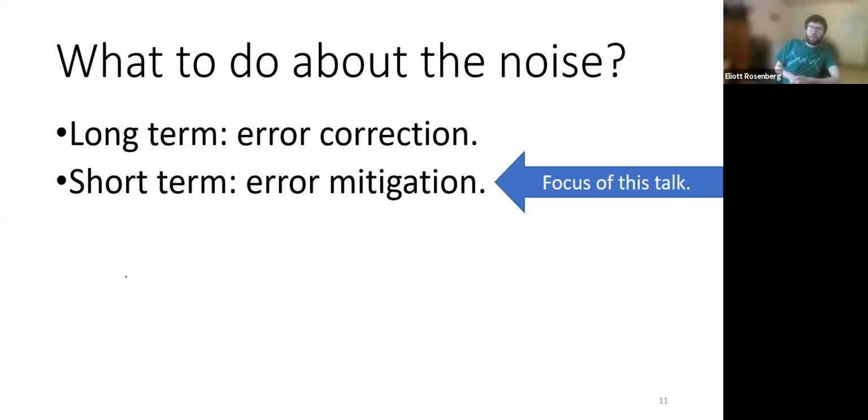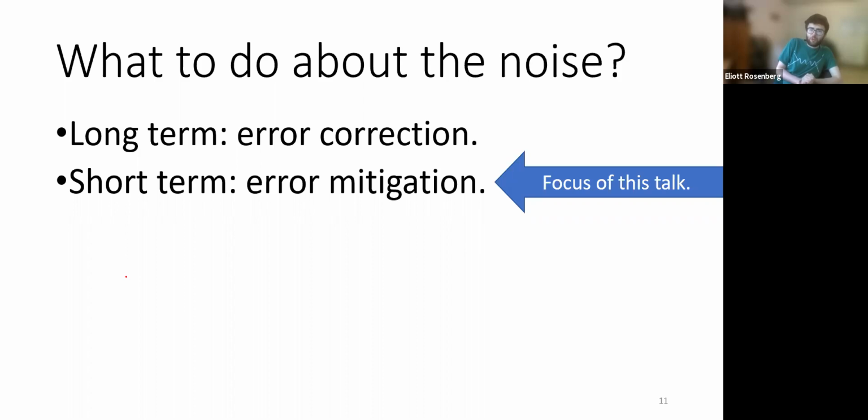So there are 2 broad strategies that we might try to do to approach this issue of noise. In the long term, the community wants to implement error correction, in which logical qubits are encoded in multiple physical qubits, and you can kind of correct the errors as you go along. That's expensive, though, in the number of qubits, and we're not really at the threshold for being able to do useful error correction yet.